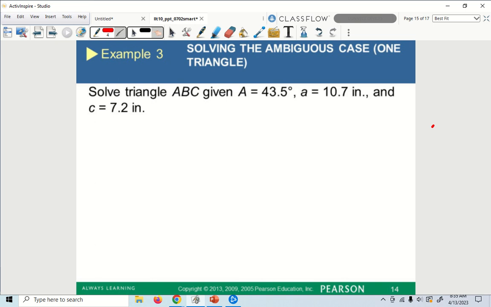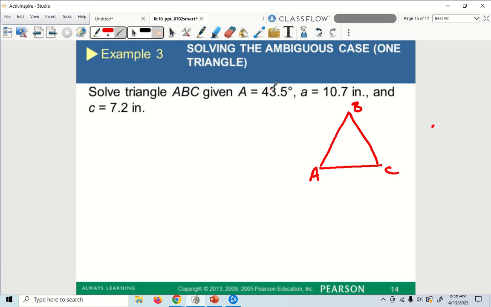Okay, good. So, what do you think the first thing I should do if I'm given something like this? Draw a triangle. Let's do that. My triangle is the same generic triangle every single time, because I have no clue what it's going to look like. It's a triangle. Put everything where it goes.